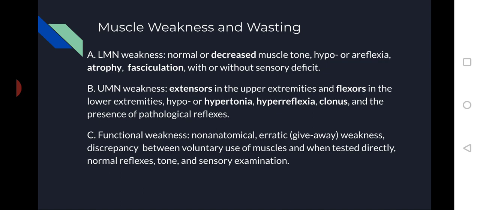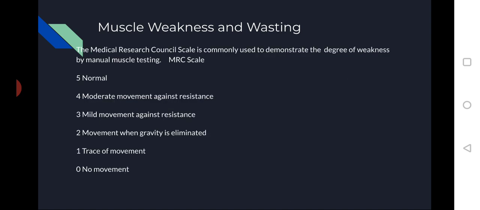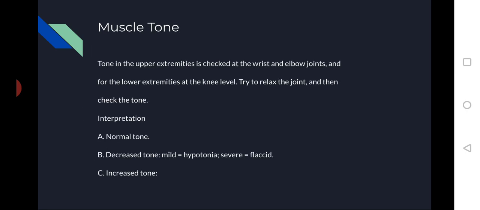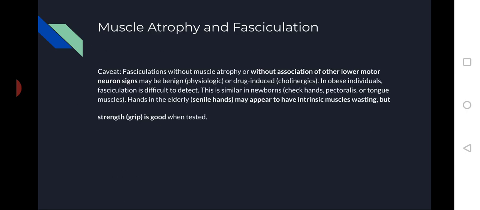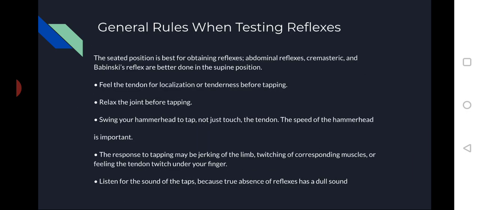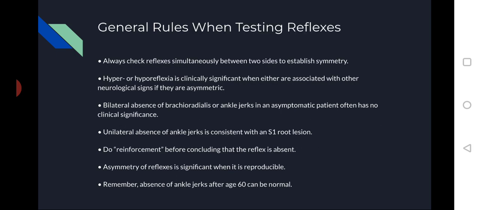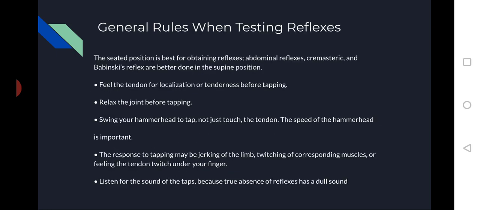So generally this is about lower and upper motor neuron syndromes that we'll talk more about in a separate case. About muscle tone we already spoke. Okay, about reflexes, a couple of words.